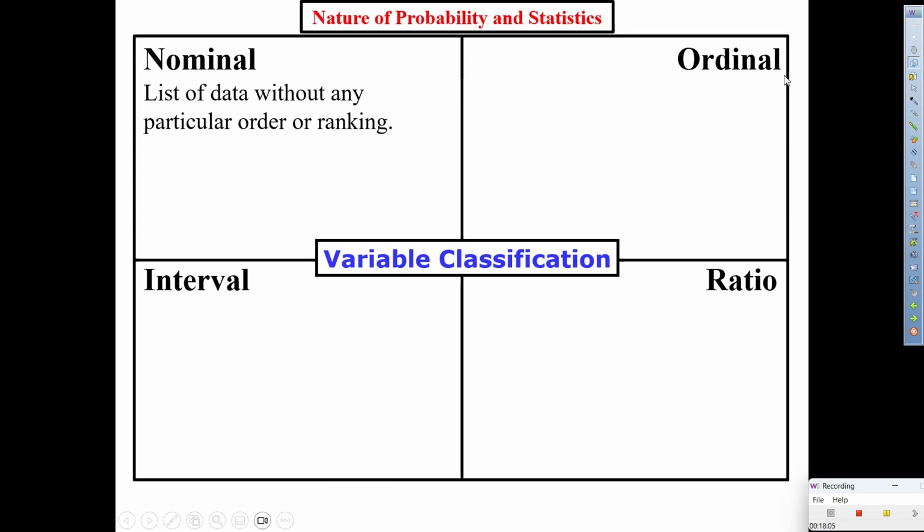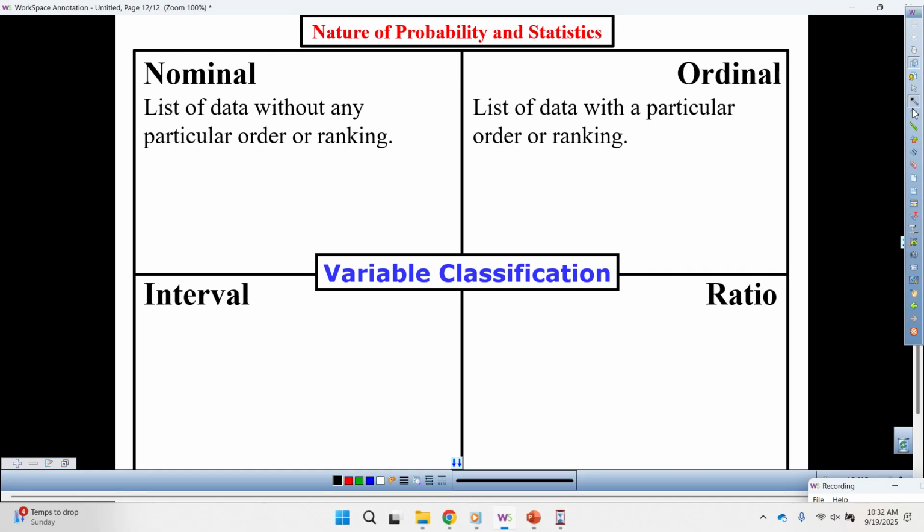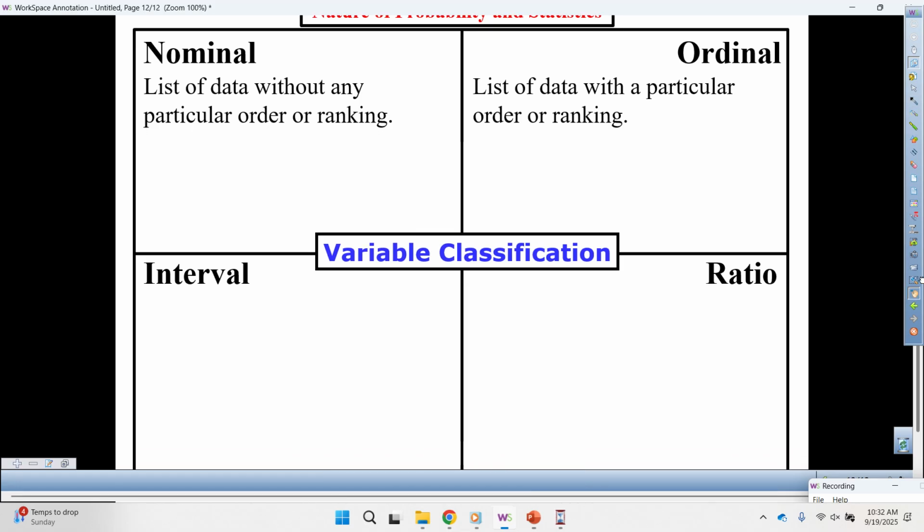Go to ordinal. Ordinal. List of data. Pay attention to this one, where particular order or ranking does matter. Order or ranking does matter. All right.